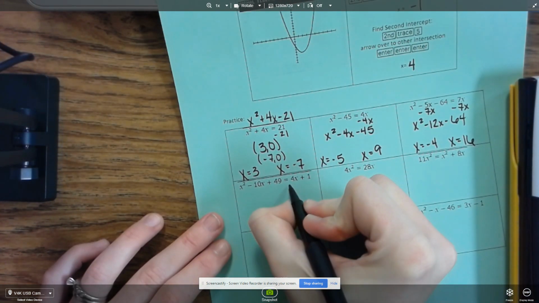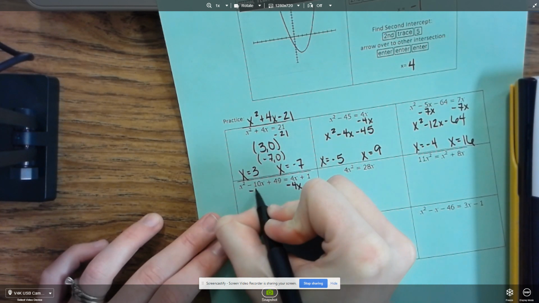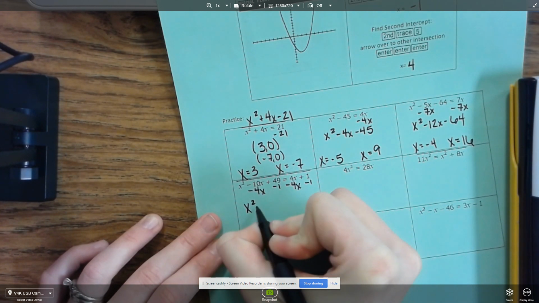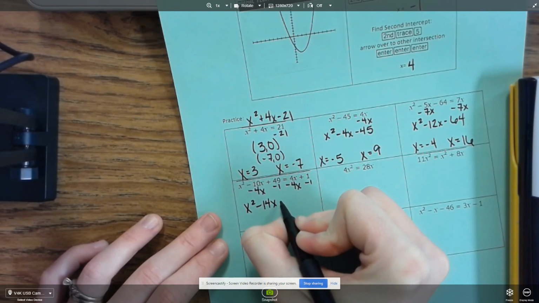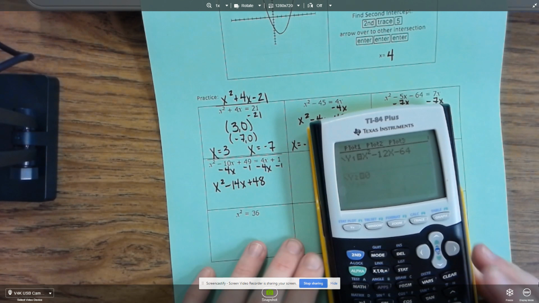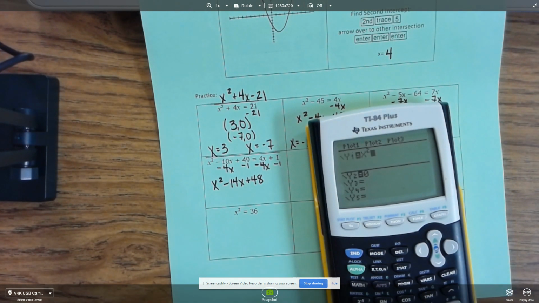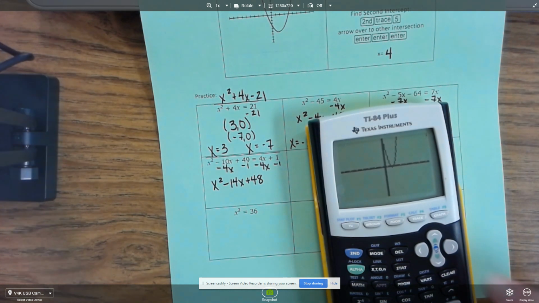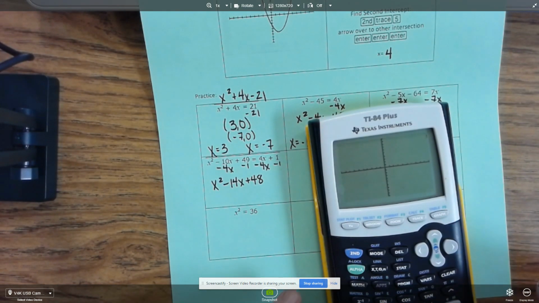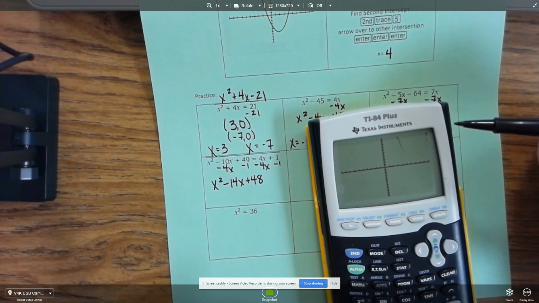All right, so now we're going to have to move lots of stuff. So I have x squared minus 14x plus 48. All right, so I'm going to zoom in just to make sure.